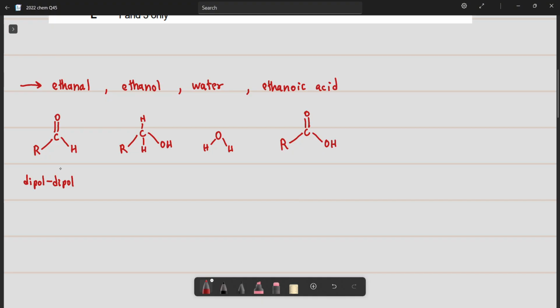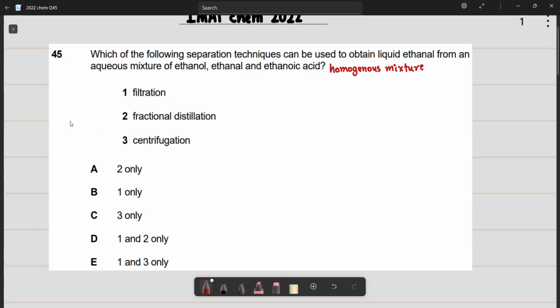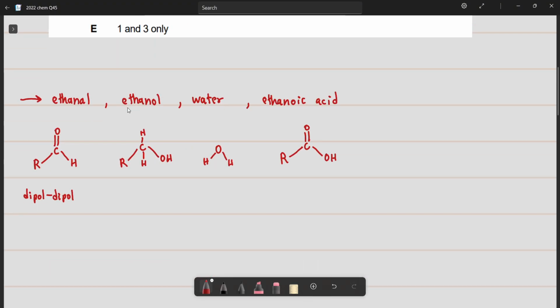Since it's an aqueous mixture, it does form hydrogen bonds with water. We know water has hydrogen attached to a highly electronegative atom, which is oxygen. This can form a hydrogen bond to the highly electronegative oxygen atom on ethanol.